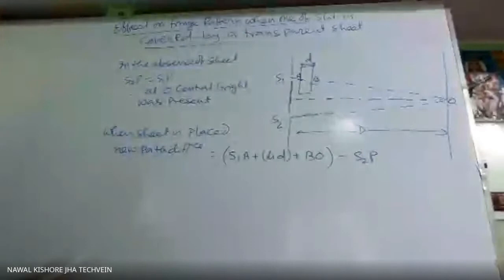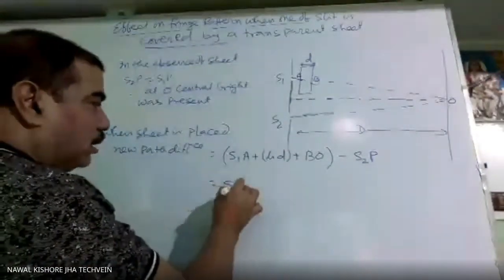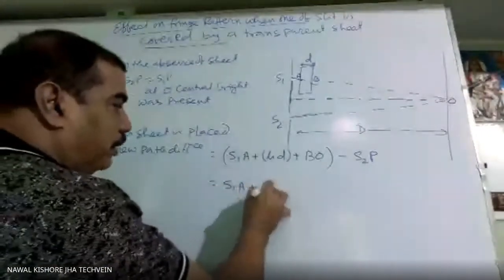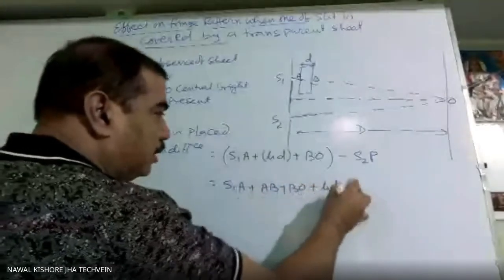So what will come now? S1A plus AB plus BO plus mu D minus AB.